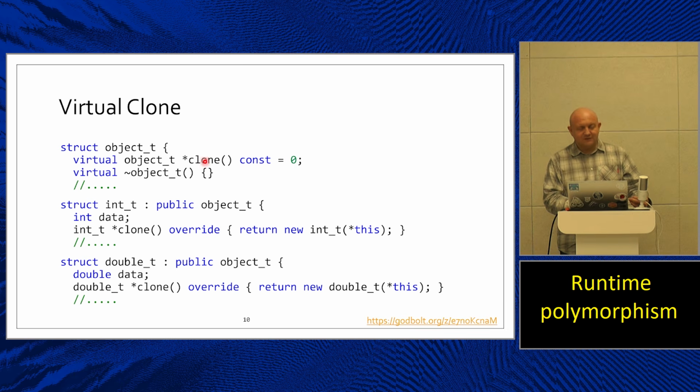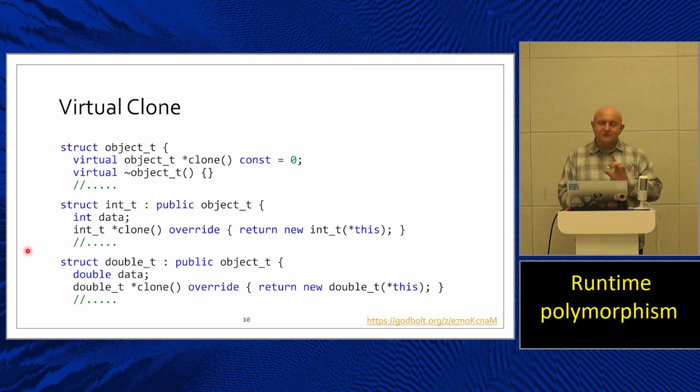Like this: virtual method clone returns a pointer to object t, and it is const because it doesn't alter the current object, and it is pure virtual. And then every class redeclares clone as it wants. Like here we do have this one, and here we do have this one, and so on.